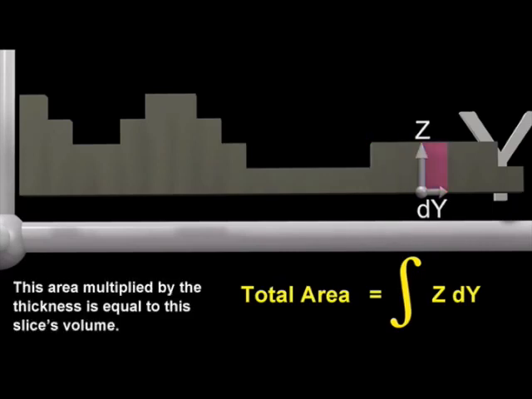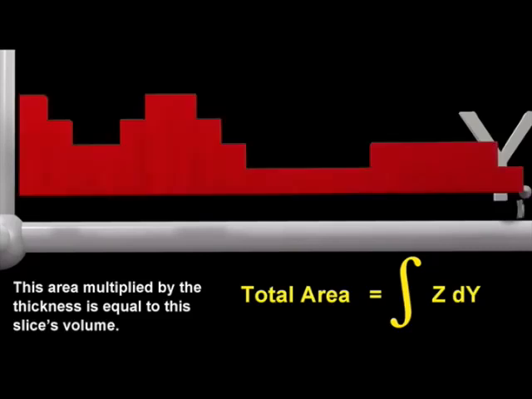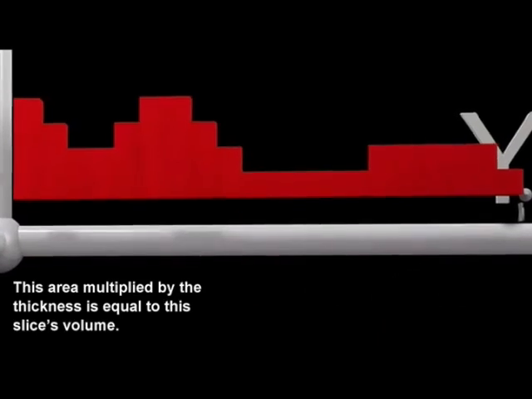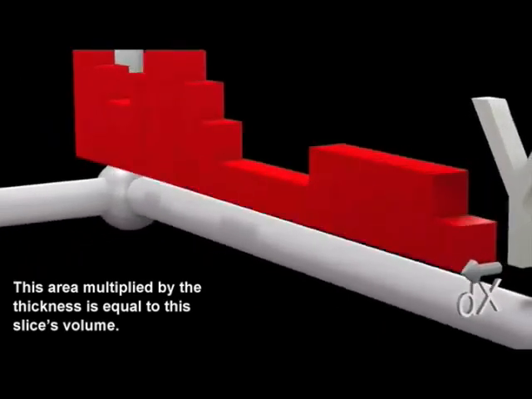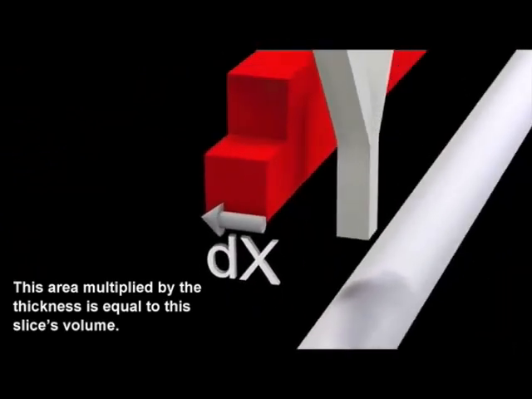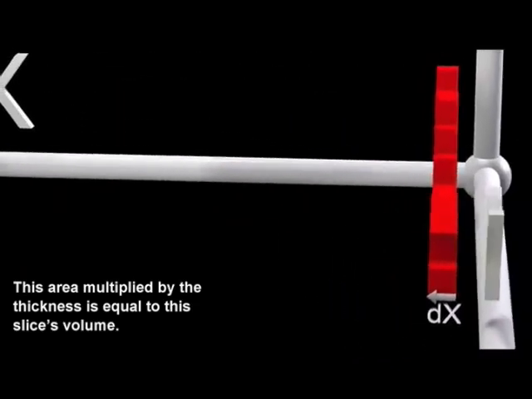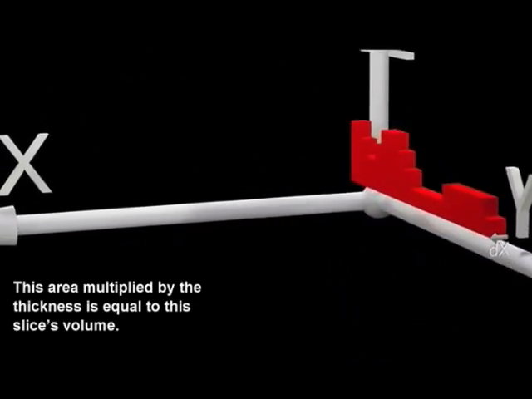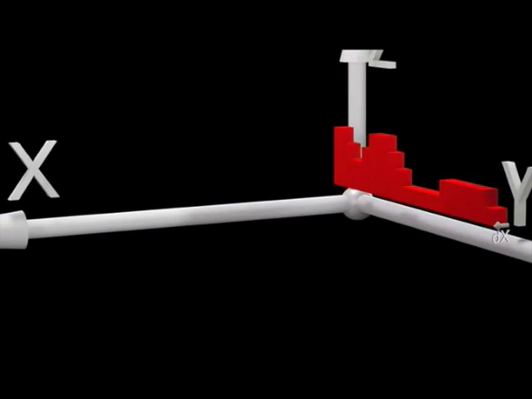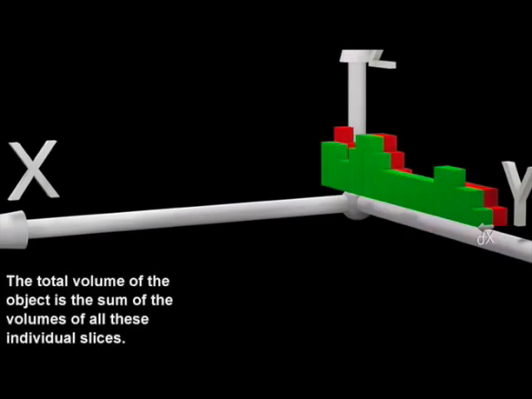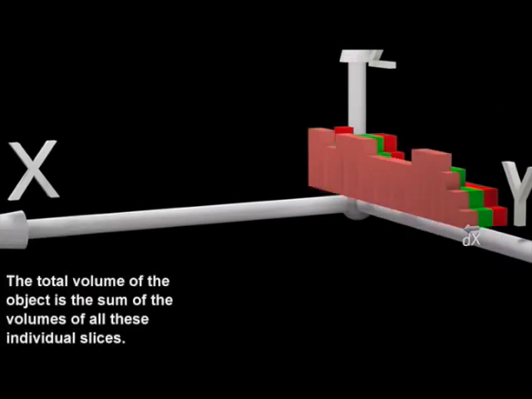This area multiplied by the thickness is equal to this slice's volume. The total volume of the object is the sum of the volumes of all these individual slices.